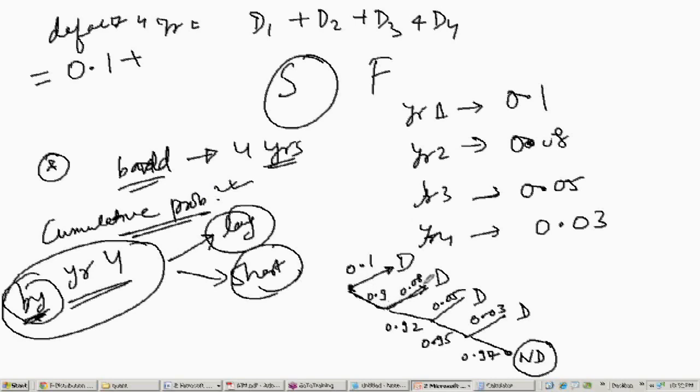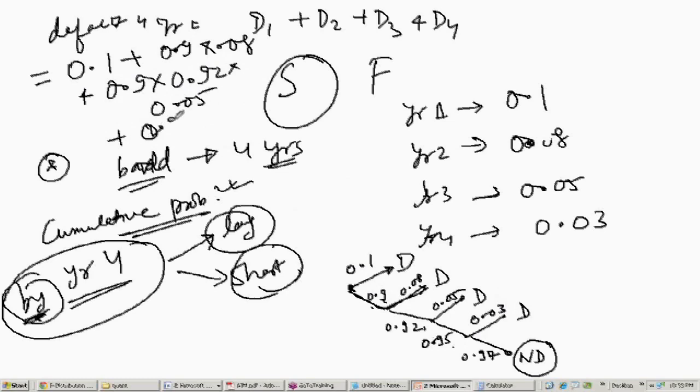Not defaulting into defaulting, so it will be 0.9 into 0.08, plus 0.9 into 0.92 into 0.05 is the probability of default in the third year, plus the probability of default in the fourth year, which will be 0.9 into 0.92 into 0.95 into 0.03. So this would give you a long way to answer.